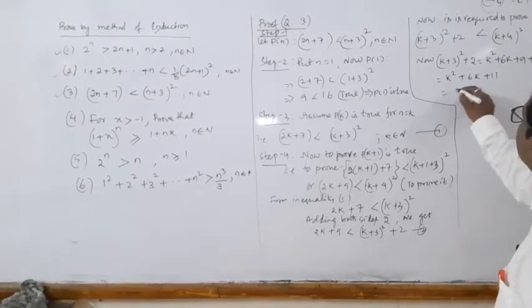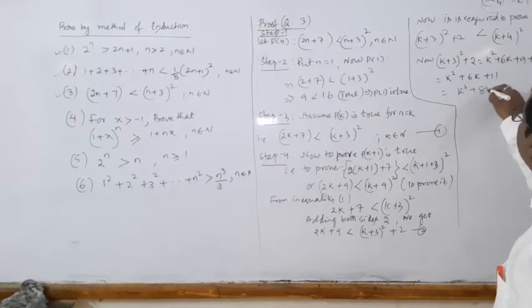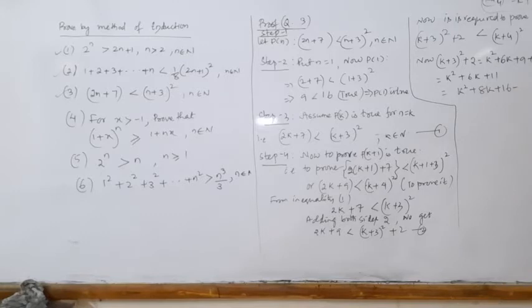So it is k square plus 8k plus 16 minus 2k and minus 5. So this is equal to (k plus 4) whole square minus (2k plus 5).